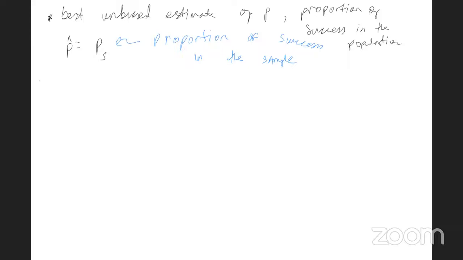Quick example. I've just given you some values here. All I want you to do is find the unbiased estimate for mean and variance. I'll take a sample of 7 volumes.